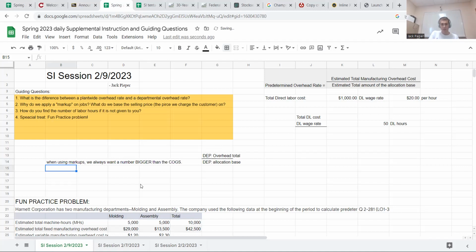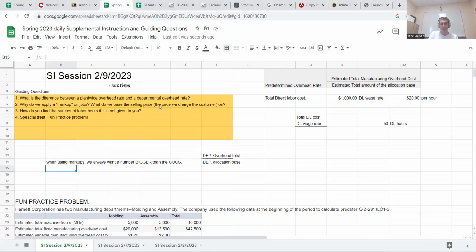The reason is that we want to sell things for more than it costs us to make. And by applying a markup, you instantly know that your selling price is going to be whatever percentage greater than what it costs to make that revenue happen.